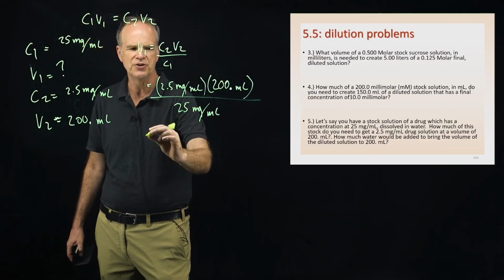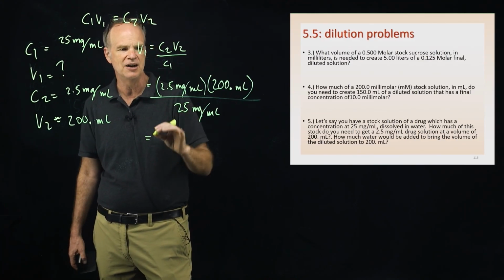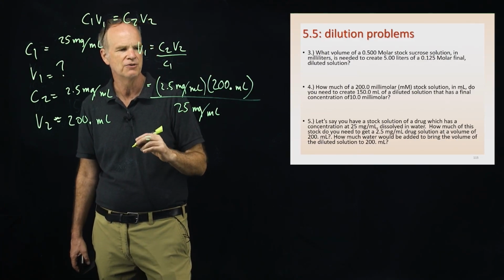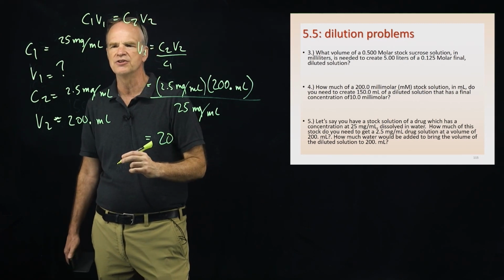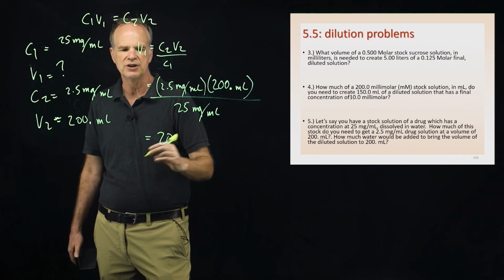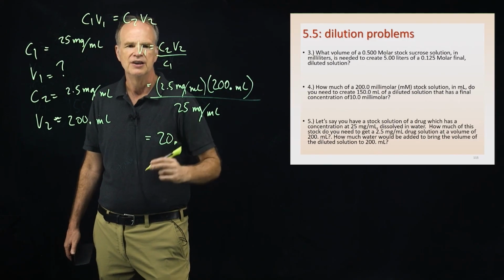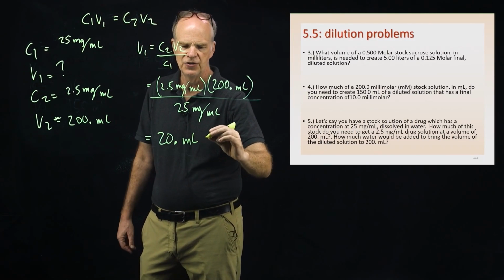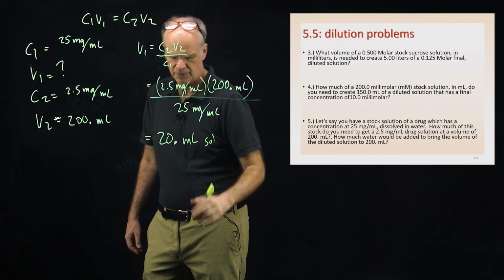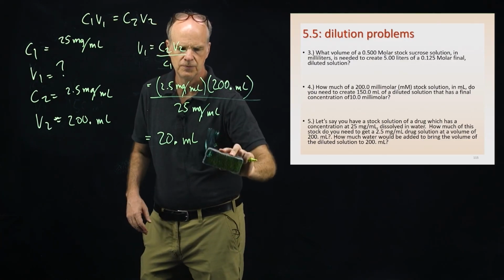I think we can do the answer right now in my head. It's going to be 20 mls. So the question is, how many significant figures at this point? It looks like we're going to have 2 significant figures. Now, this is the volume of the stock you need.